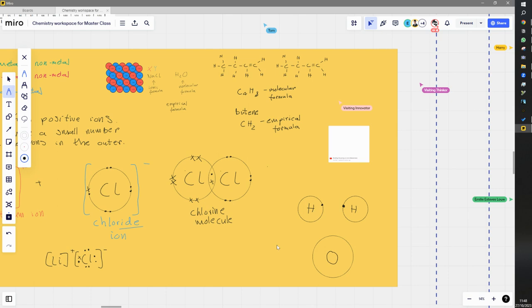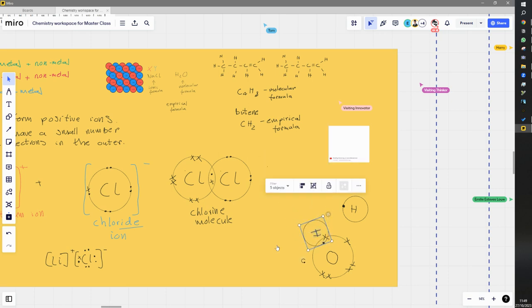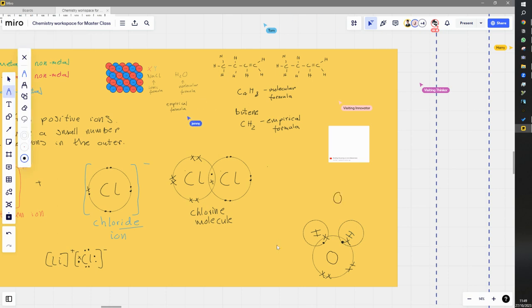So it will have 2 gaps. So if I put 1, 2, 3, 4, and then the 5th one there. Oh no, I need crosses, didn't I? Like that, and the reason for that is because I can then take this, turn it around, put it there. Now I should be moving them into the inside, but just to speed things up, like that. So that's our water molecule, which could also just be drawn like this.